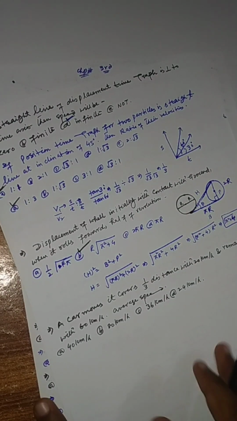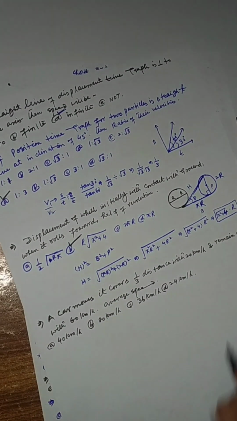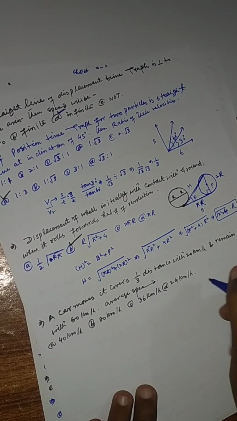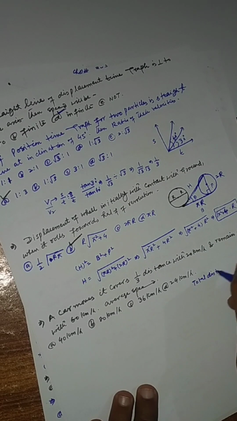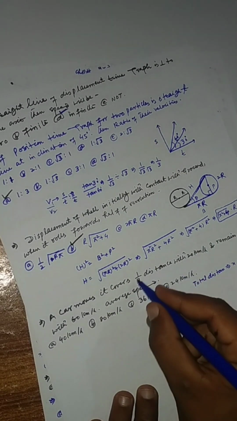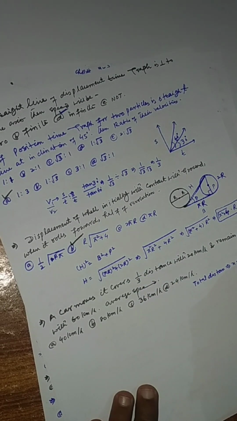So a car moves 1/3 of its distance. If we take total distance as x, then the body covers 1/3 of its distance. If 1/3 of the distance is covered, then how much will be the remaining distance? This is 1/3, this is 1/3.